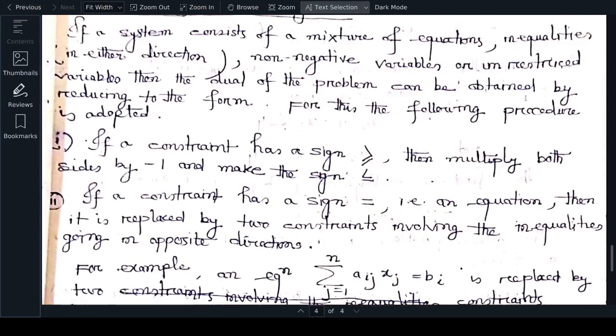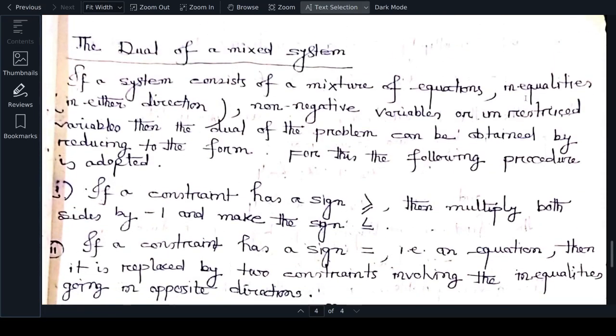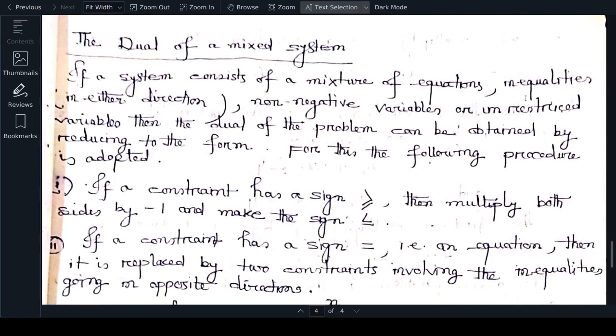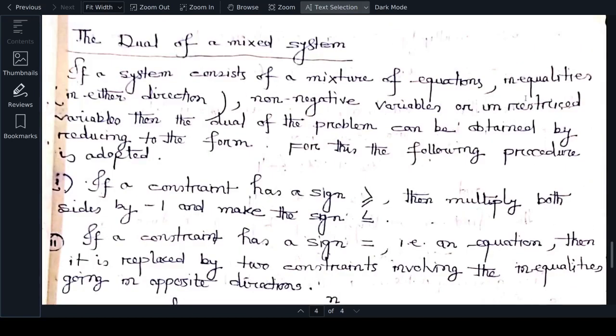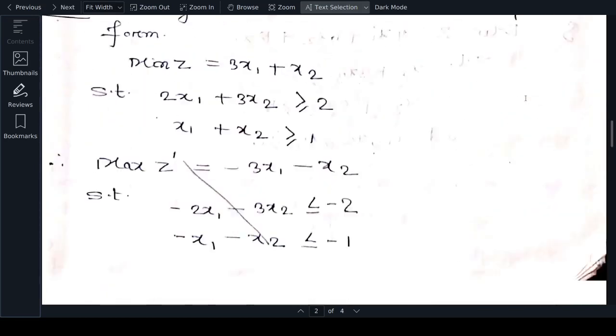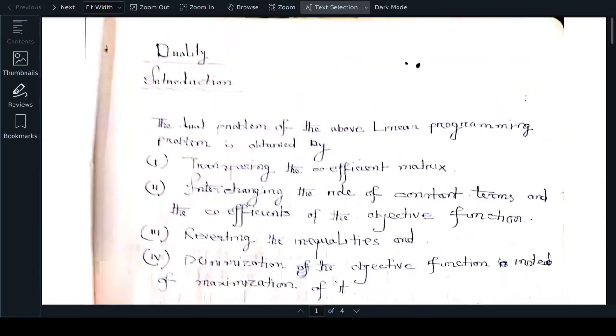Have you got this line? Okay. A linear programming problem is said to be in standard primal form if all the constraints involve the sign less than or equal to for a problem of maximization, and all the constraints involve the sign greater than or equal to for a problem of minimization.